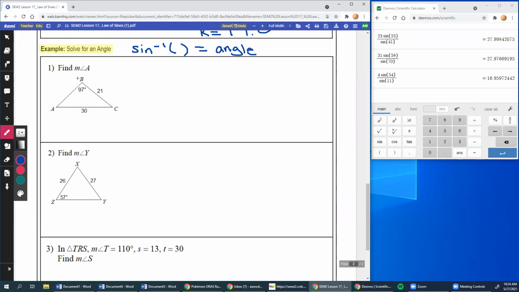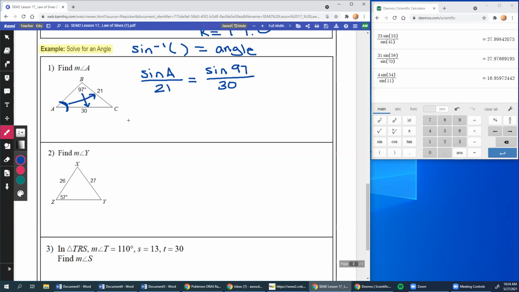All right, so here they want us to find angle A. So I'm going to highlight it, and I'm going to identify what side is opposite. So we have sine A over 21, and then we just need another angle and its opposite side, which they give us, 97 degrees and 30. So sine of 97 over 30.